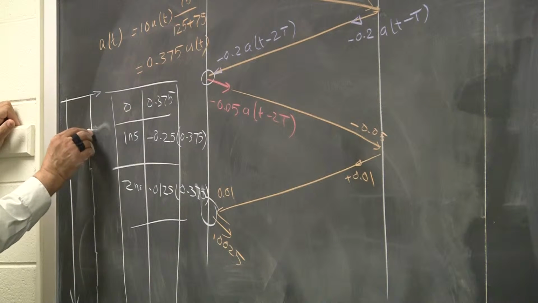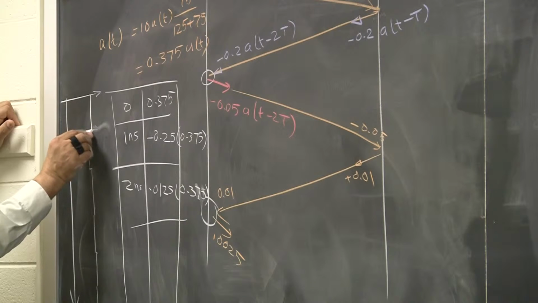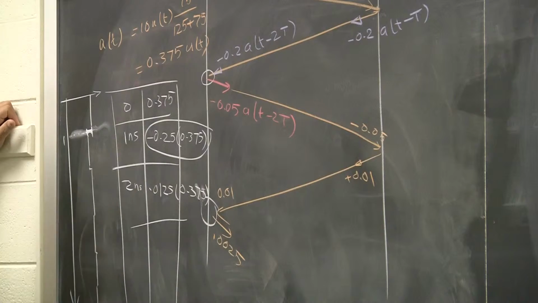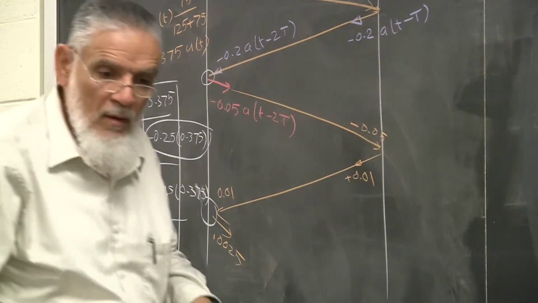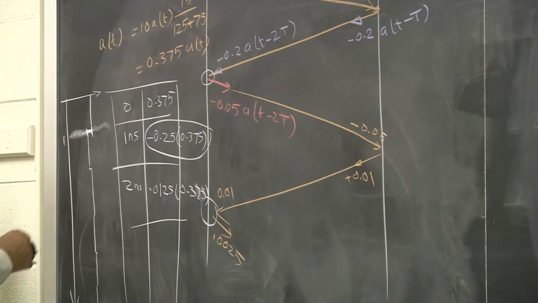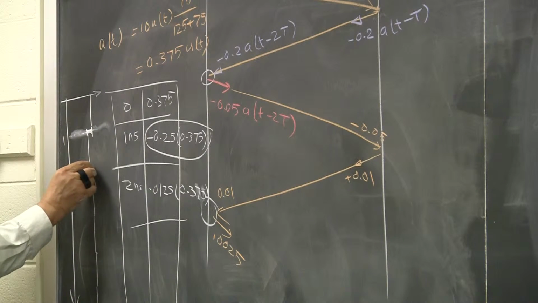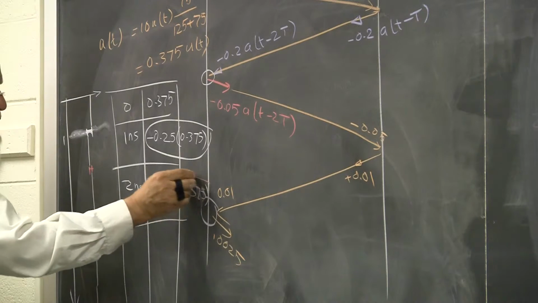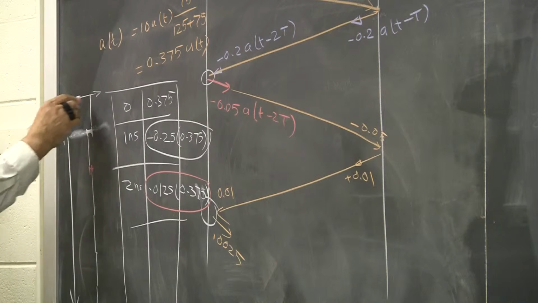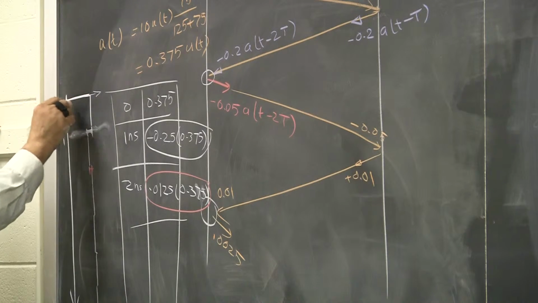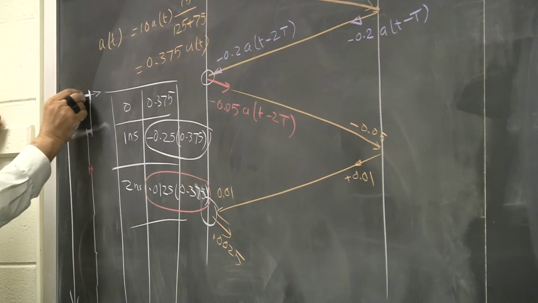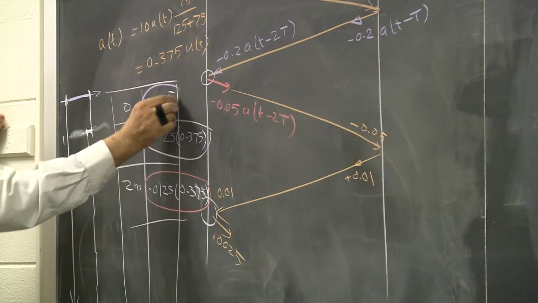So these increments, this increment right here is that much. And this increment right here is that much. The original, we do that in blue, is that much.